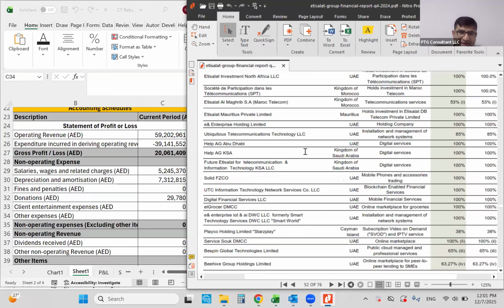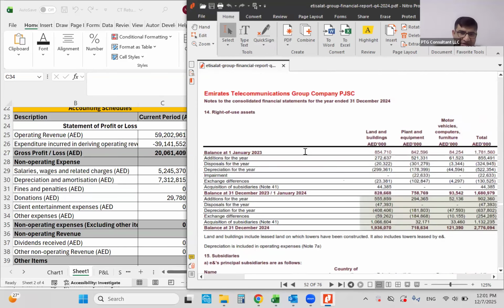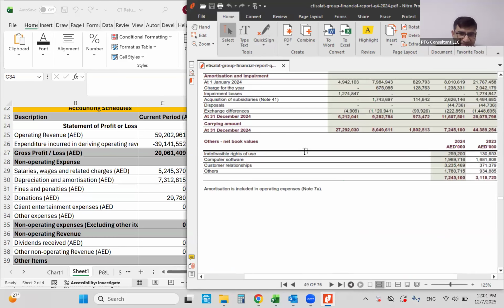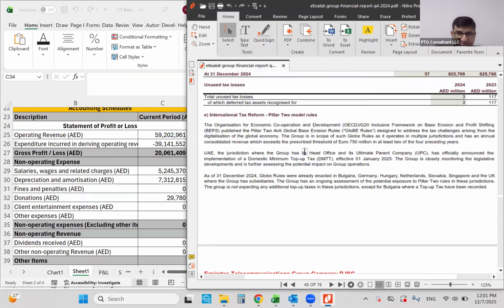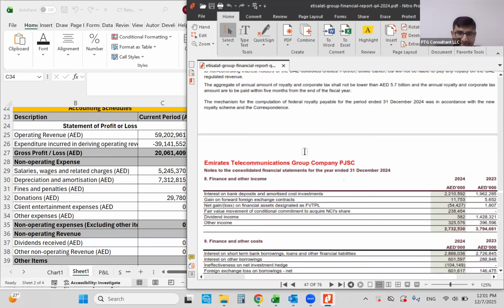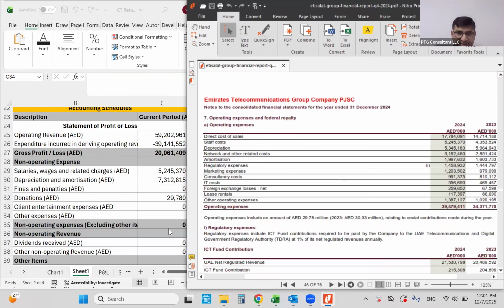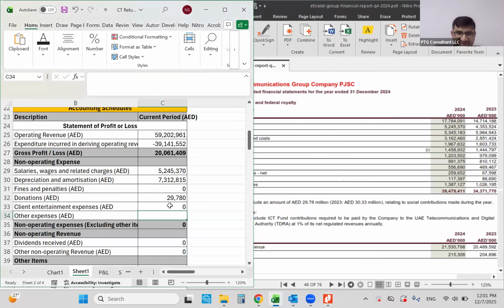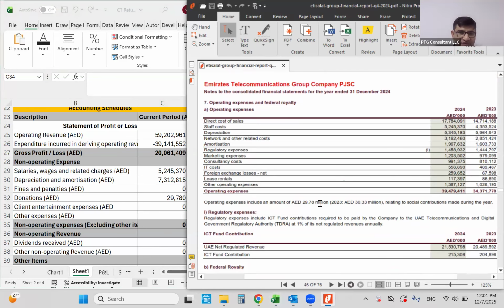Okay, come back to the Excel and I think we can add the 0 over here also. The next is other expenses. So now what are the other expenses? If you go to the PL, this is 1.3.